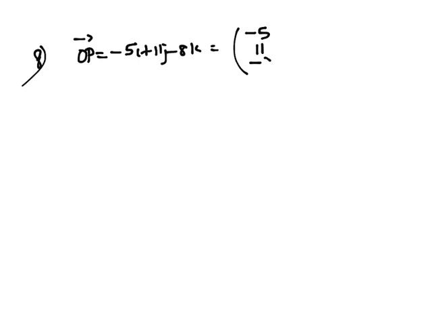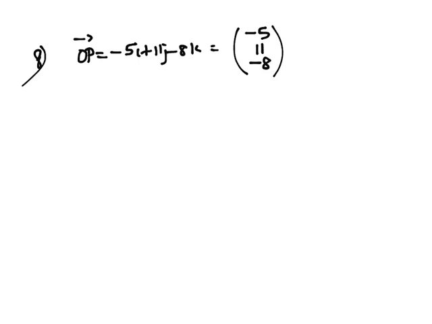Fine. It's mentioned that points P and Q have position vectors. OP vector is equal to minus 5i plus 11j plus minus 8k, which means I can write like this: minus 5, 11 and minus 8.